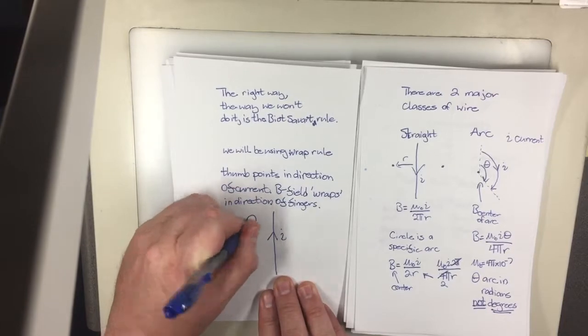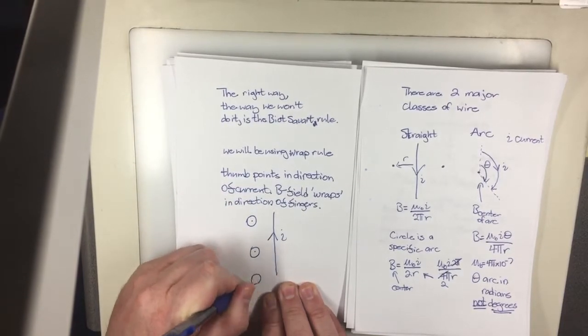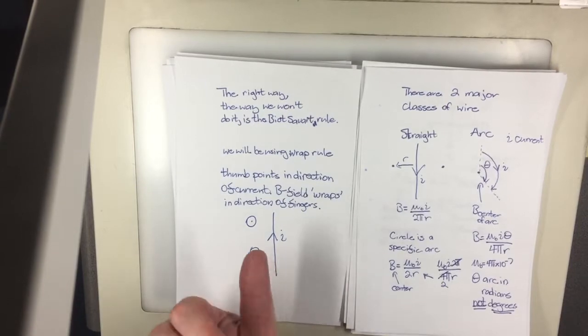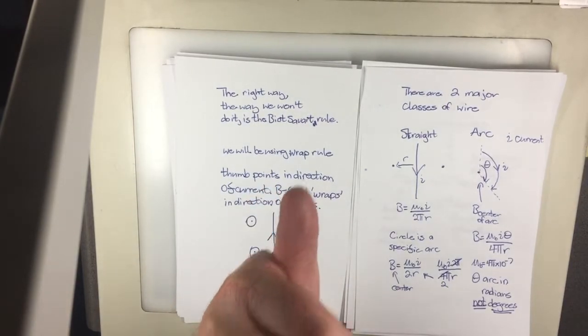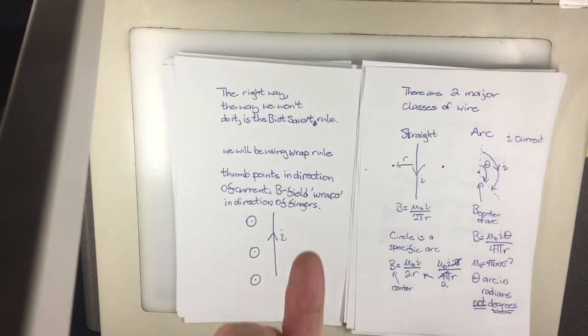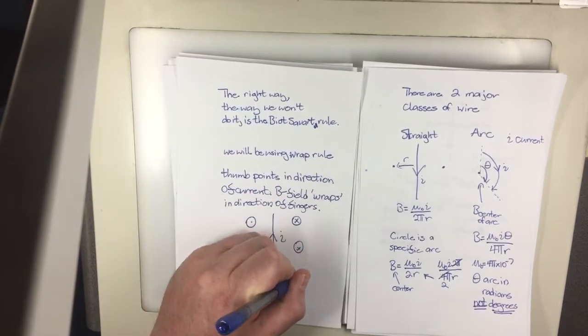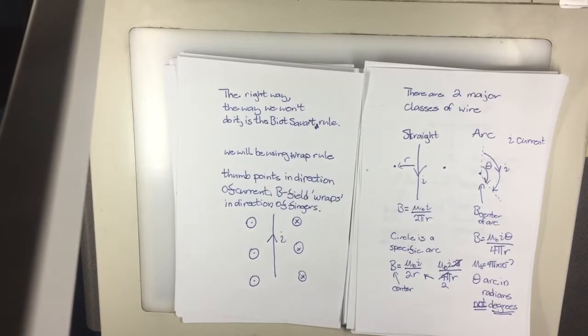The B field on the left is out. Now, if I continued wrapping my fingers around, if I could crack my arm and just have it flop over, the fingers would go into the page on that side. And so we get this.